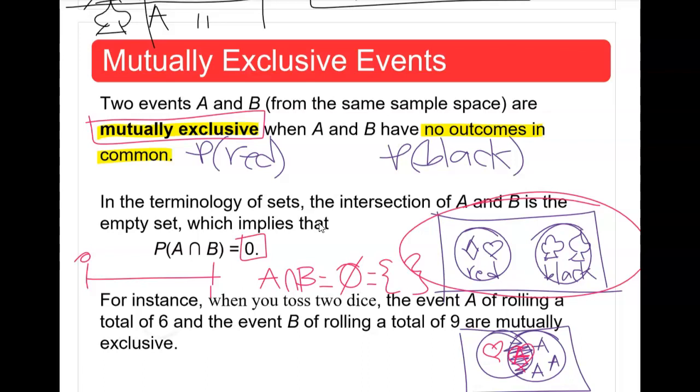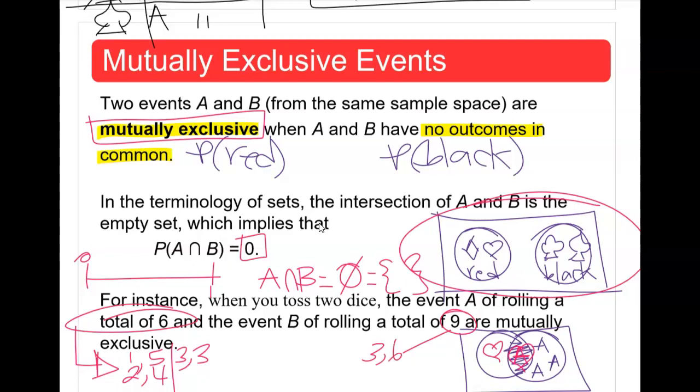A total of 6 could be getting a 1 and a 5, or a 2 and a 4, or a 3 and a 3. And if we don't consider order, it could also be a 4 and a 2, a 5 and a 1.